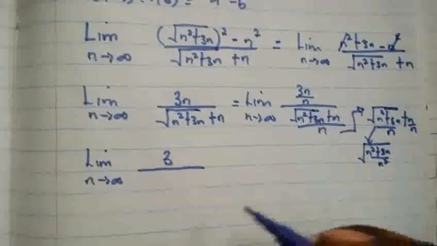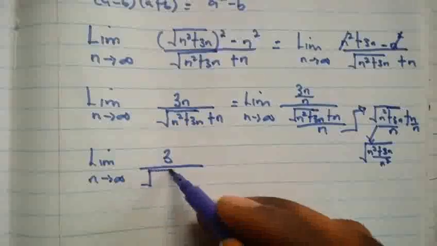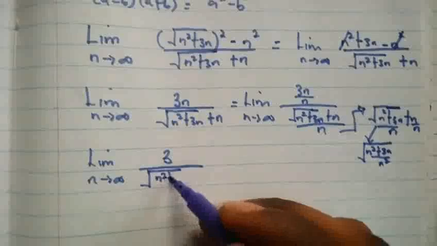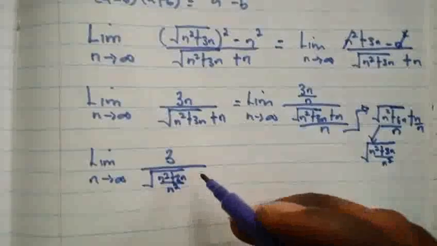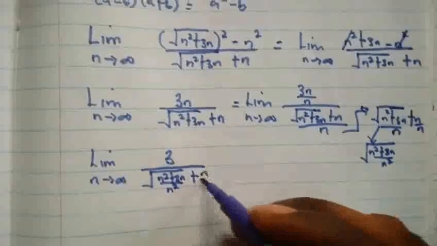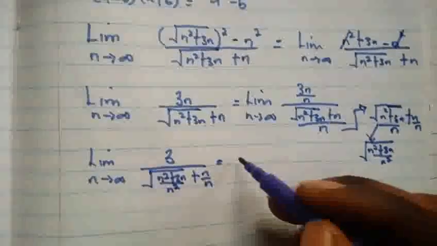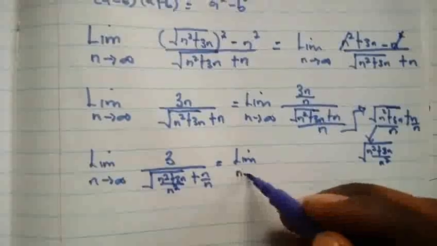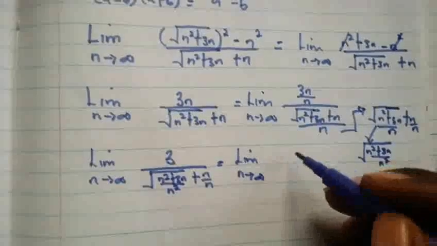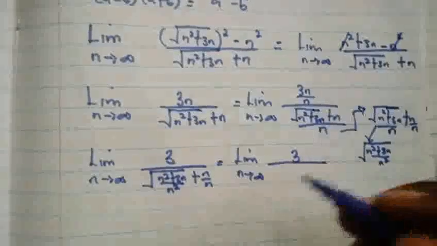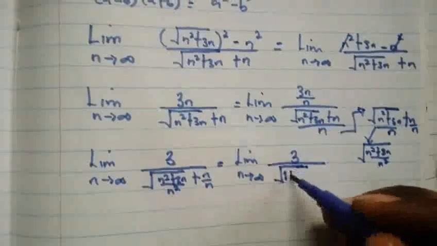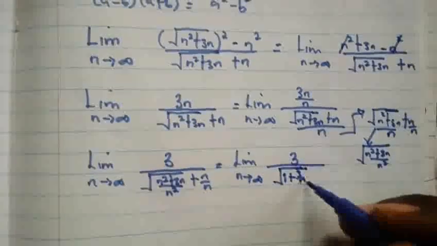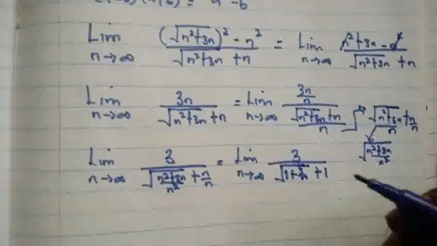So we have here square root of n squared plus 3n all over n squared, then plus n all over n, and simplifying this, we have limit as n is approaching infinity, 3 all over, in the roots, we have 1 plus 3 all over n, then plus 1.